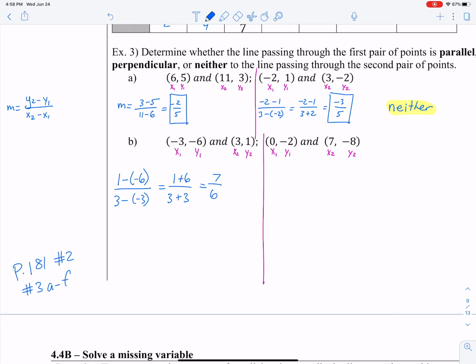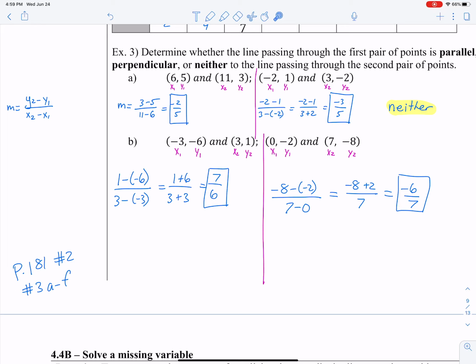Then on the other side, I have negative 8 minus negative 2 over 7 minus 0. That gives me negative 8 plus 2 over 7, which gives me negative 6 over 7. So now I'm going to compare these slopes. I have 7 over 6 on this side, and then I have negative 6 over 7.